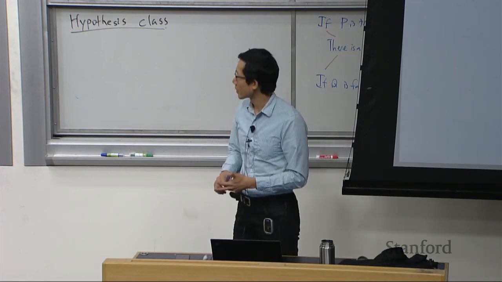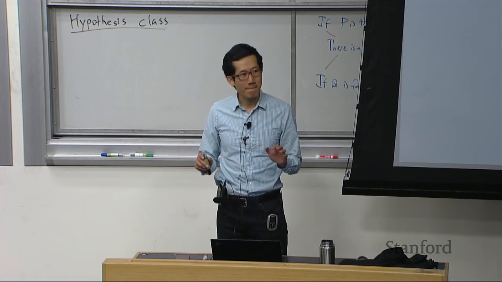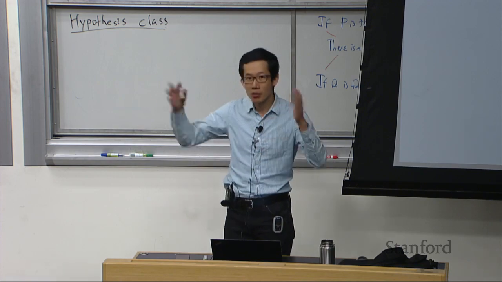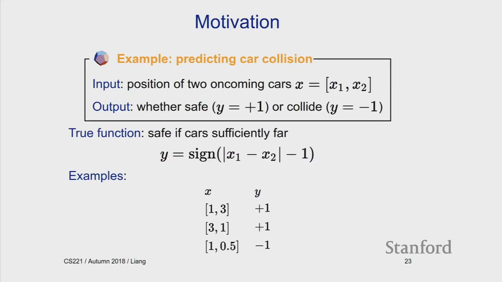Okay, so here's where it's a little bit of a fanciful story. We're just going to assume that out there in the real world, the true function that we're trying to estimate is that they're safe if the cars' distance is at least 1 apart. Normally if you're doing learning, you wouldn't know the true function, but I'm just going to go through the thought process of what would happen if we did.